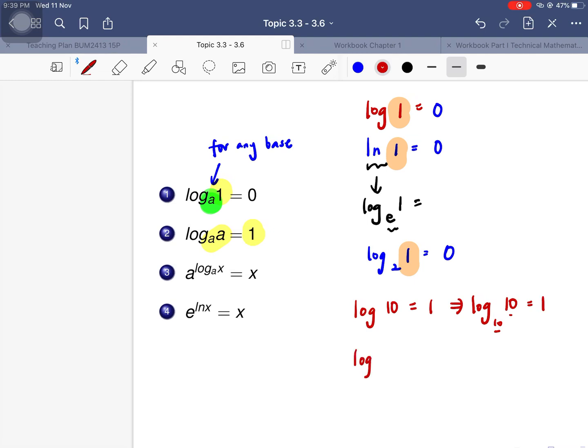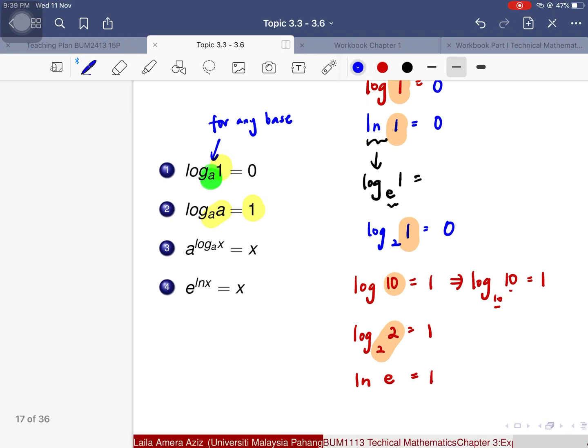Or if I have log base 2 of 2, when both of these are the same, this is going to be 1. Or if I have ln of e, this is also going to be 1. Why is that so? Because we know that ln stands for log to the base of e, so I'm going to have log base e of e, which is also going to equal 1.